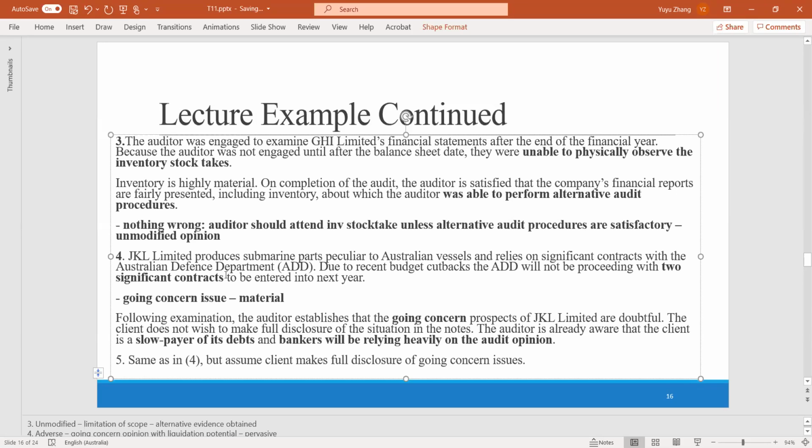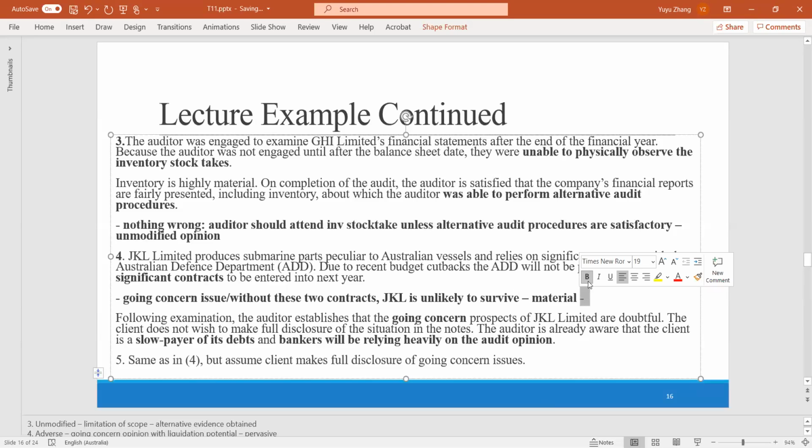So do you think without this contract, the company will survive or not? So it's not likely to survive, and you could actually add different types of explanations into a discussion, right? So if it's not likely to survive, it's material, and also do you think it's pervasive?